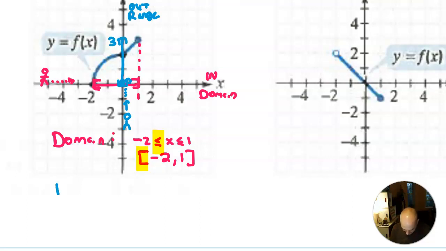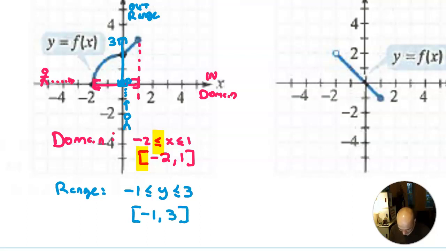And so the range as an inequality is -1 is less than or equal to y, which is less than or equal to 3, or we can write it as [-1, 3] with brackets. You'll be required to write these as intervals, just as part of the question, but say if you do write them as inequalities and you use the wrong letter, then it's also wrong. So make sure if you're doing inequalities and you're talking about domains and ranges, you're using the right letters for each.